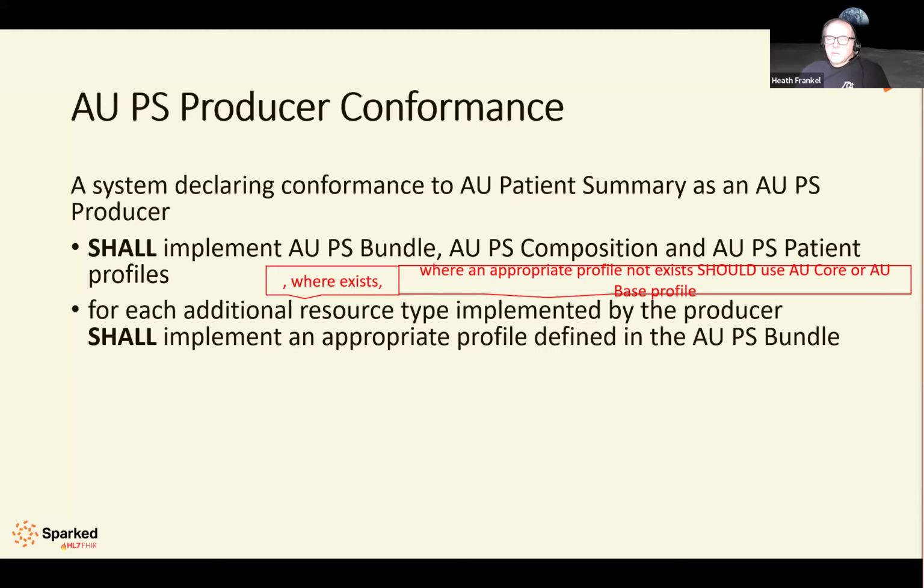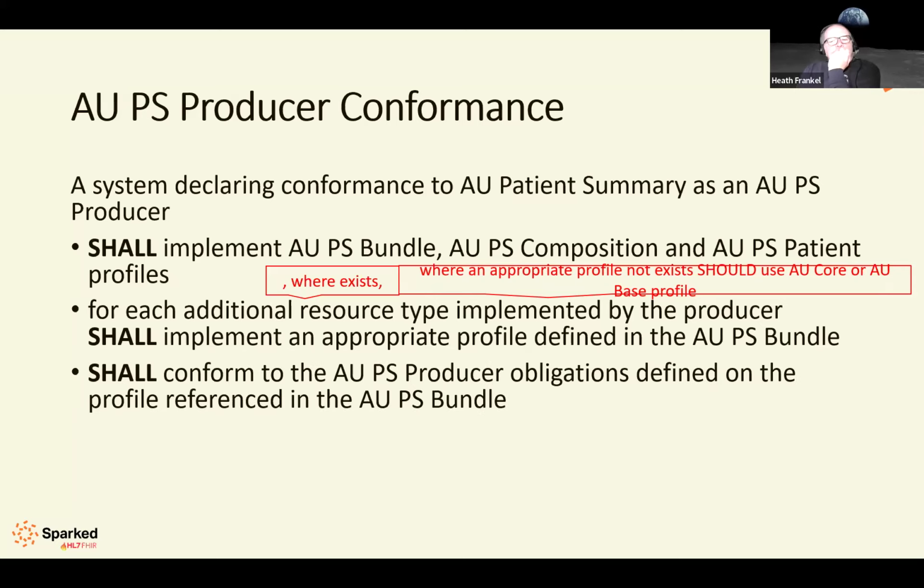Okay. So the fourth dot point. Sorry, I'm on another screen. Go to the next one. Okay, shall conform to the AUPS producer obligations defined on the profile referenced in the AUPS bundle. So again, where we will normally have an AUPS profile, if there is an IPS and an AU core profile, we will provide an AUPS version of that profile, and that will be referenced from the AUPS bundle.